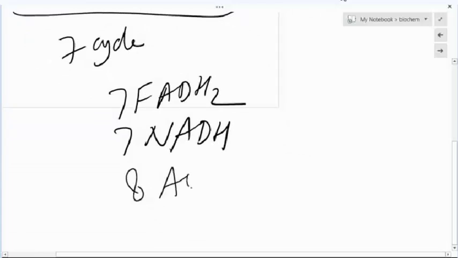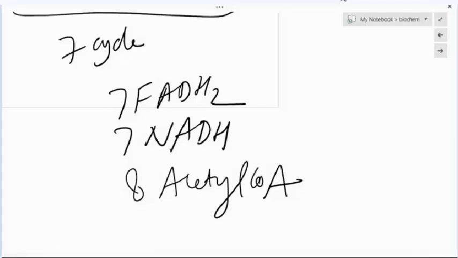And when you're talking about acetyl CoA, the number of acetyl CoA moiety is going to be 8, because each cycle produces 1 acetyl CoA during beta oxidation, but the last cycle produces 2 acetyl CoA. So that count comes as 8 acetyl CoA in 7 cycles. So this is actually the list of energy gain which we get at the end of complete beta oxidation of 16 carbon palmitic acid.